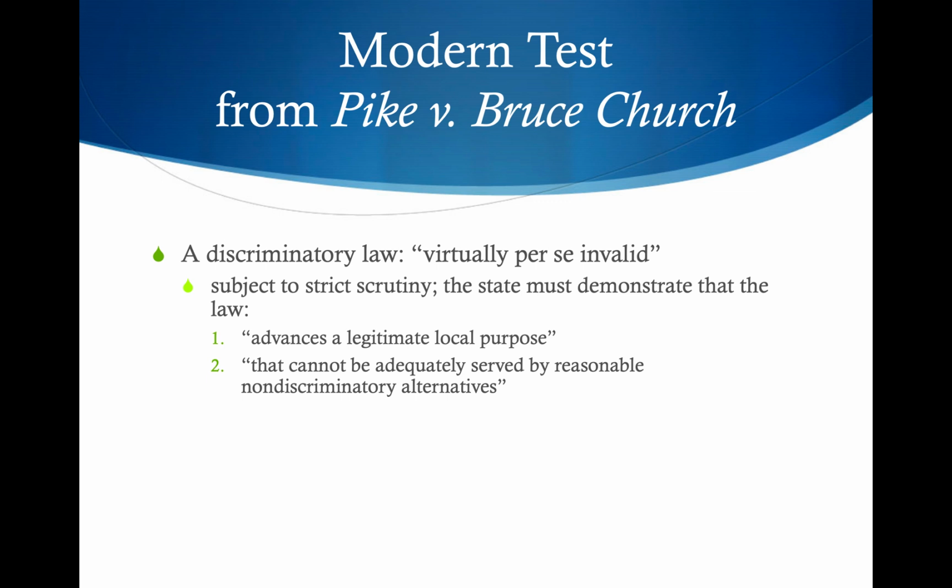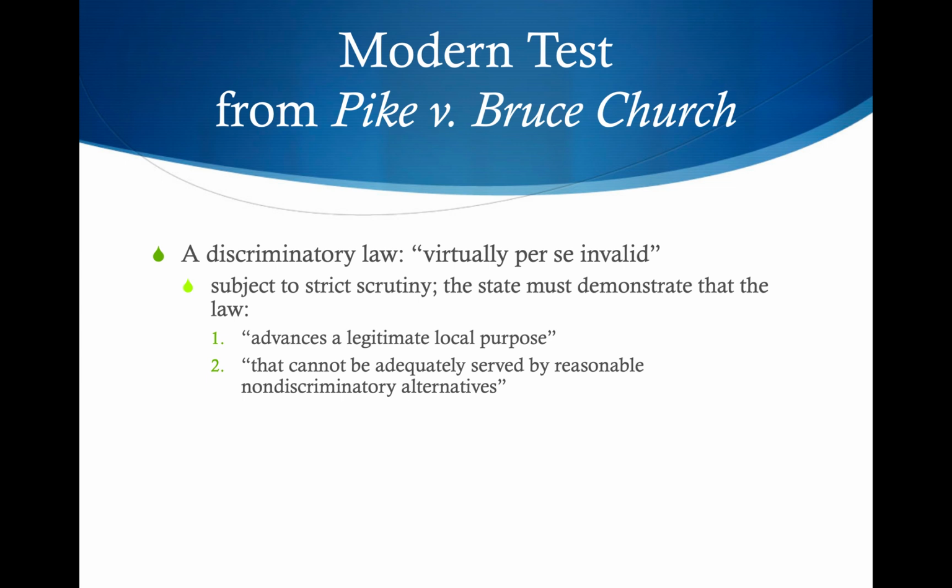It won't let the state get away with something just because the state says it. So the court will scrutinize the rationale behind the statute, and then the court will look to see whether or not there are other ways that the state could have achieved that goal, assuming that it was a legitimate goal in the first place. Other ways the state could have achieved that goal that wouldn't cause so much discrimination against interstate commerce.